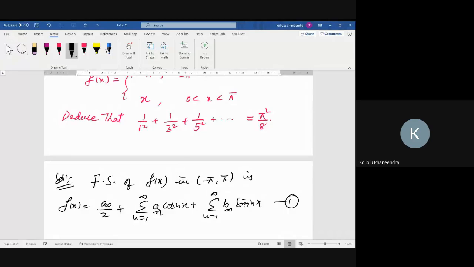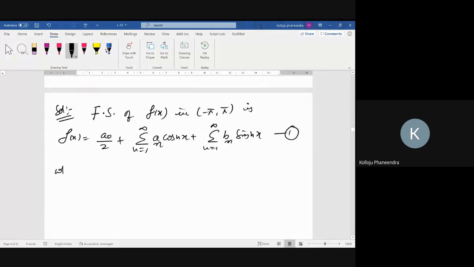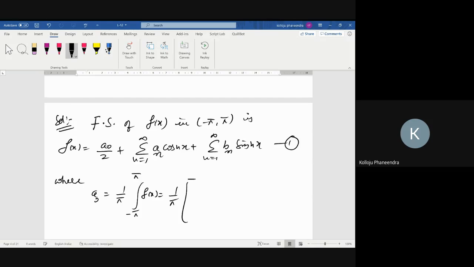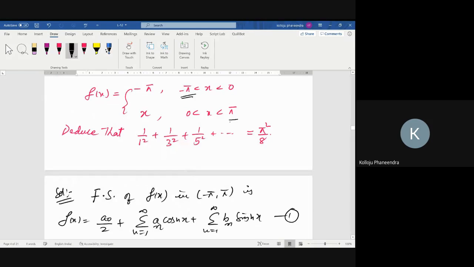Now first coefficient, that is a0, where a0 is what? 1/pi, and what are the limits? Minus pi to pi f(x) dx, and since this minus pi to pi is divided into two parts, minus pi to 0 and 0 to pi. In minus pi to 0, the function value is minus pi.